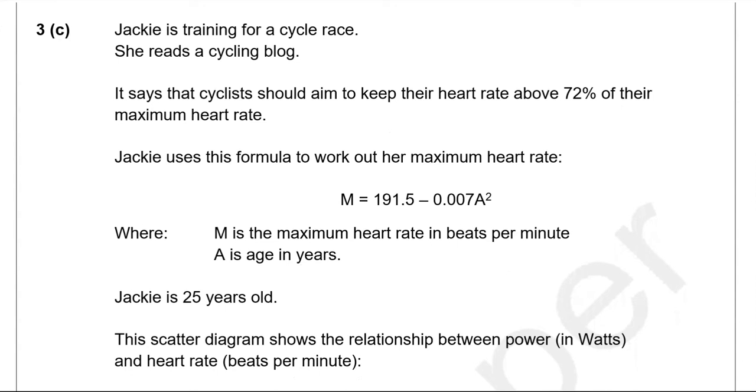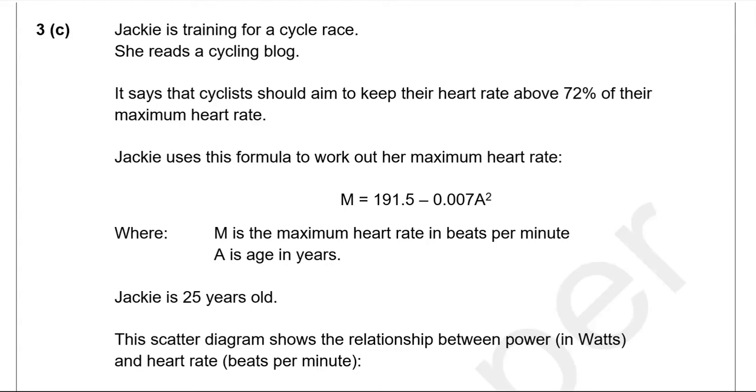Jackie is training for a cycle race. She reads a cycling blog. It says that cyclists should aim to keep their heart rate above 72% of the maximum heart rate. Jackie uses this formula to work out her maximum heart rate, which is M is equal to 191.5 take away 0.007 times A squared, where M is the maximum heart rate in beats per minute, A is age in years.